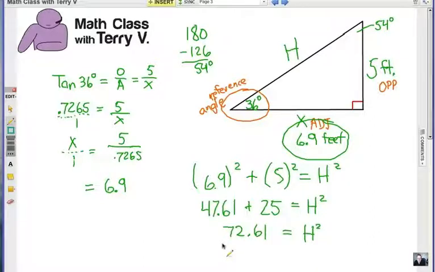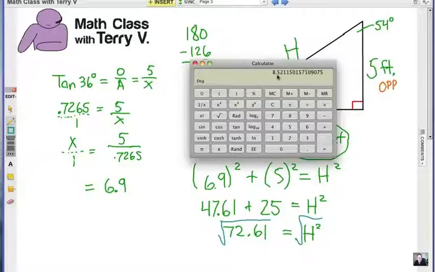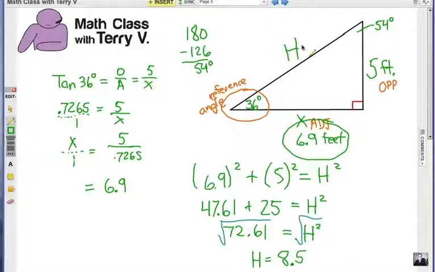At this point, I have h squared equals 72.61. I'm going to take the square root of each side. It looks like 8.52115. Let's call that 8.5. The hypotenuse is 8.5 feet long, approximately.